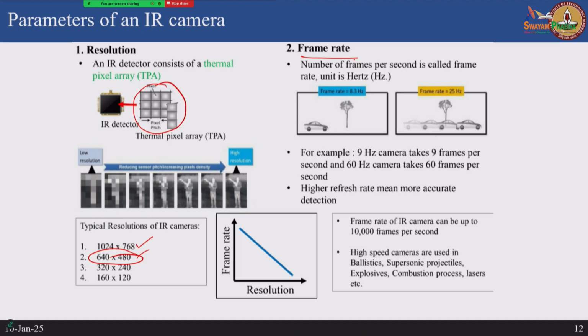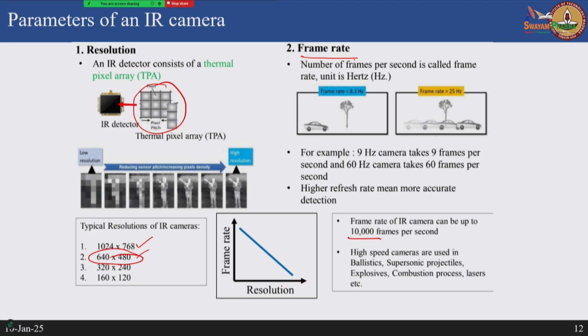And therefore, frame rate of IR cameras can be up to 10,000 frames. They may not look as attractive as normal optical high speed cameras, because optical high speed cameras can go up to a few lakh frames per second, even at full resolution, but at maximum resolution these high speed IR cameras can give only up to 10,000 or 20,000 frames per second.